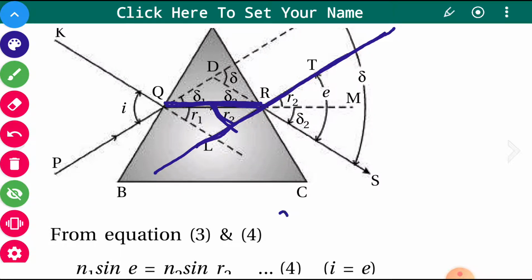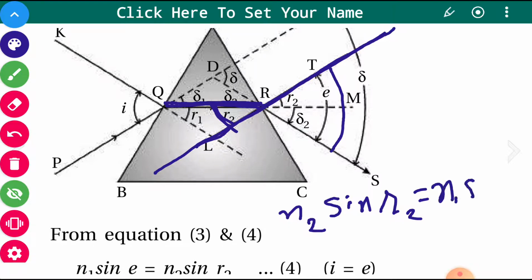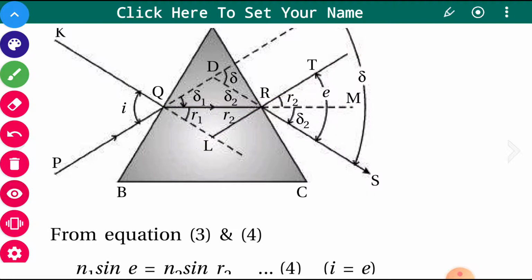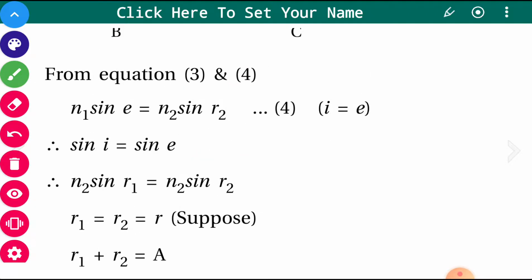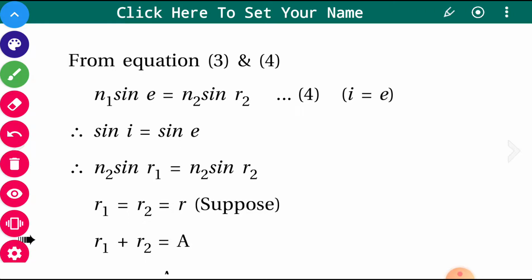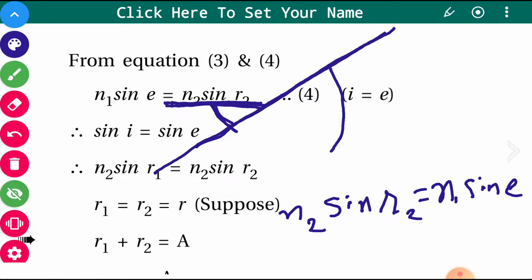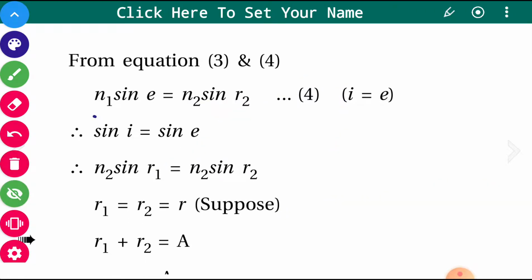So we can write N2 sin R2 is equal to N1 sin E, as this angle has to be considered. That equation is written here: N2 sin R2 is equal to N1 sin E.